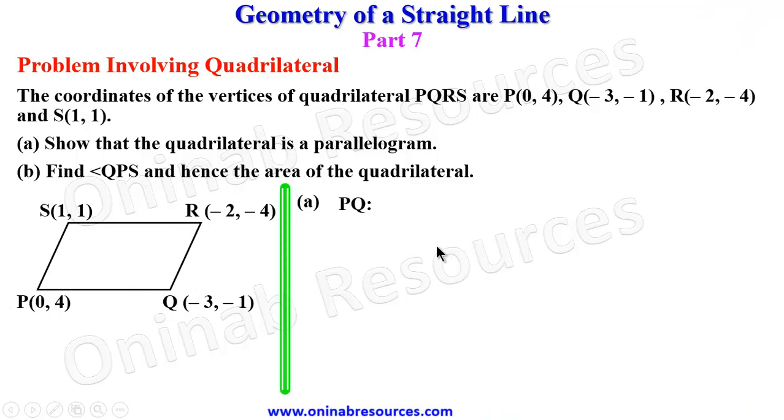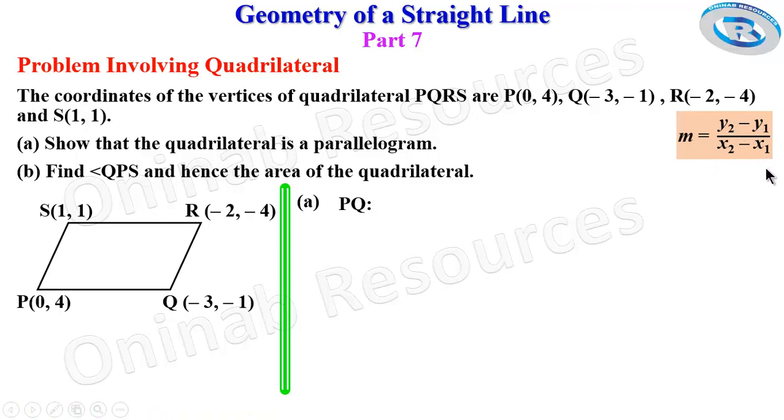So starting with line PQ, we know that the formula for gradient is y2 minus y1 over x2 minus x1. So we now have the gradient for PQ, where we label P to be x1, y1, and Q to be x2, y2.